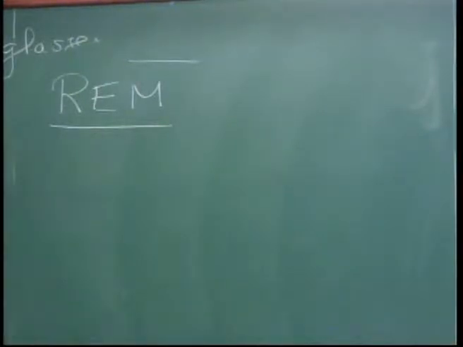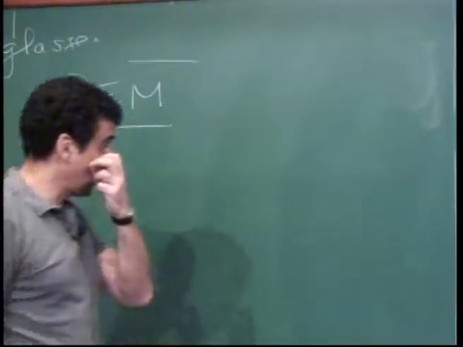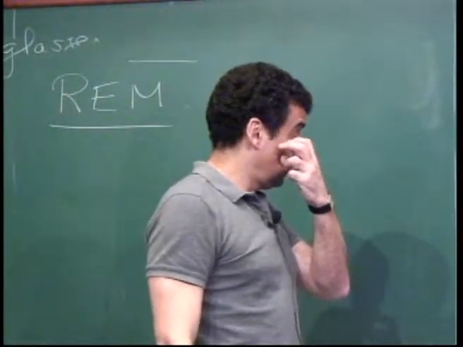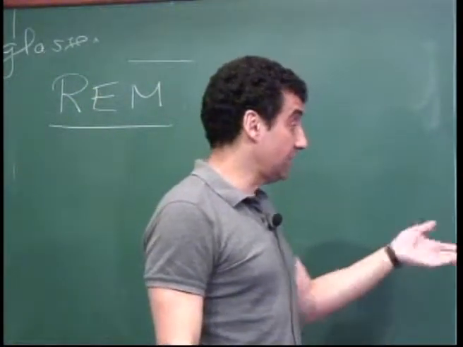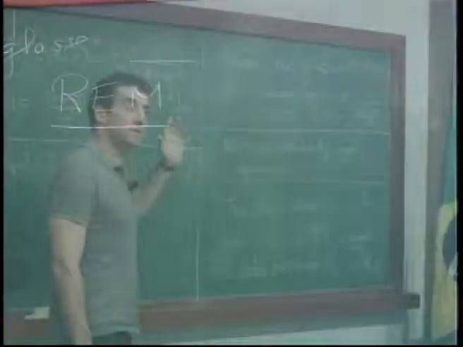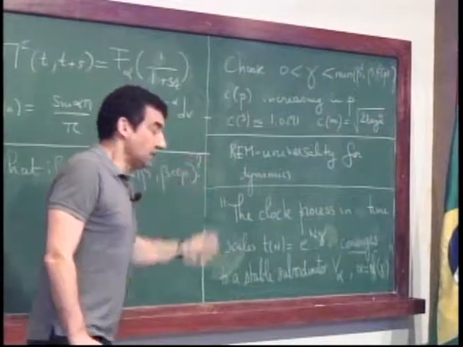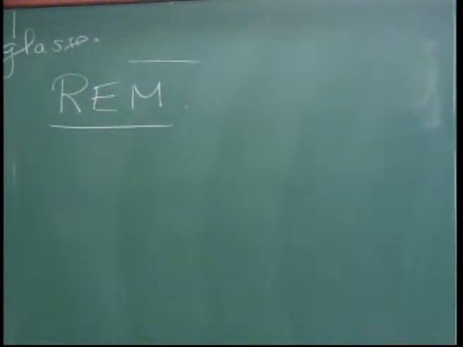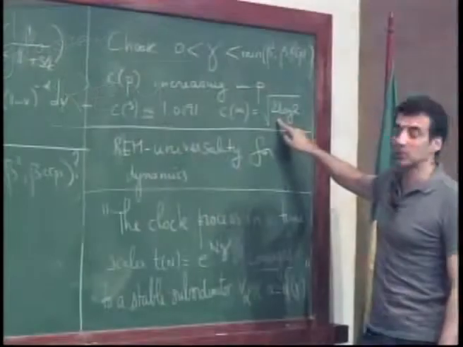Okay, so now I look at the dynamics for the REM. So I have the same thing, the same picture, except my H_n now are simply IID. And the REM is supposed to be the limit of the p-spin when p tends to infinity. So we should have exactly the same picture, but with C of infinity here, which is square root of 2 log 2.